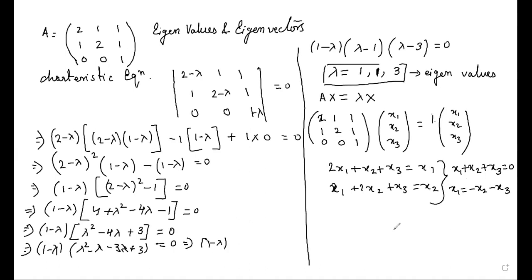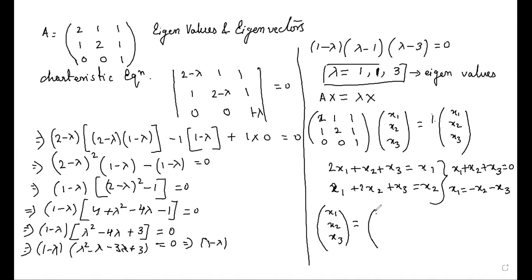Agreed? Okay. Now our target is to get the values of x1, x2, x3. Since we cannot find unique values, as for three unknowns we have only one equation, I have written x1 in terms of x2 and x3.